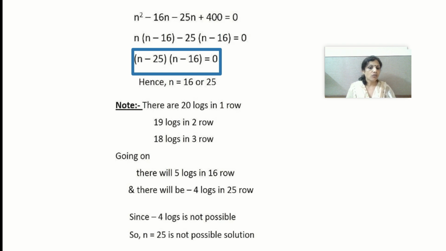Since minus 4 logs is not possible, n is equal to 25 is not a possible solution. Therefore, the correct option is n is equal to 16. We will reject n is equal to 25 and n is equal to 16 will be the number of rows. So 200 logs can be stacked in 16 rows.